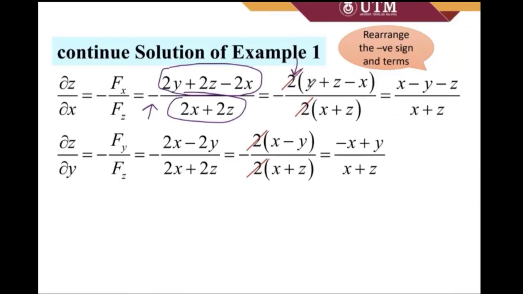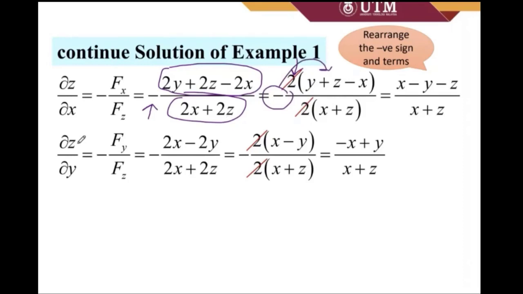So we get negative y plus z minus x, and you cancel 2. Then I bring y into the equation. But if you don't want to bring, it's okay, because sometimes you will make mistakes, right? So you can just give the answer negative y plus z minus x divided by x plus z. Both can. If you want to rearrange the negative also can. If you don't want, just remain negative in front of the fraction.